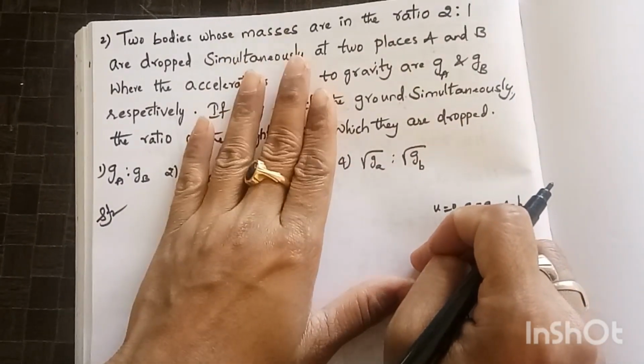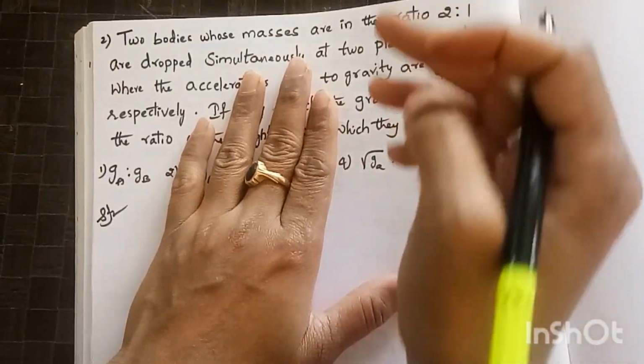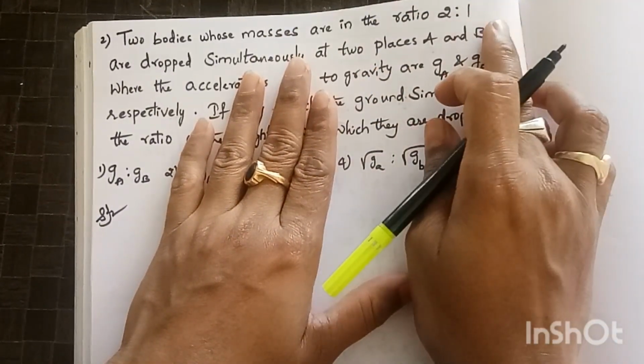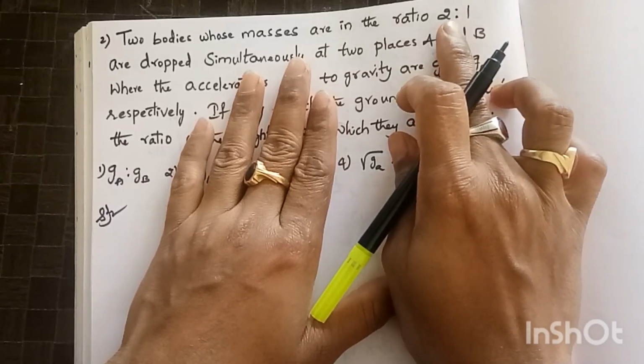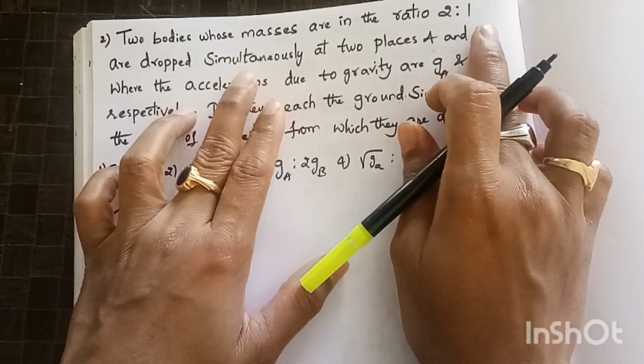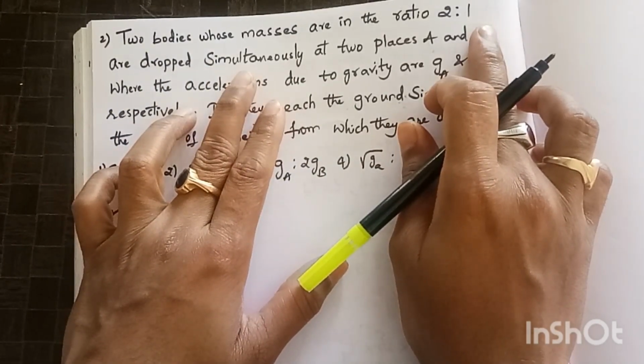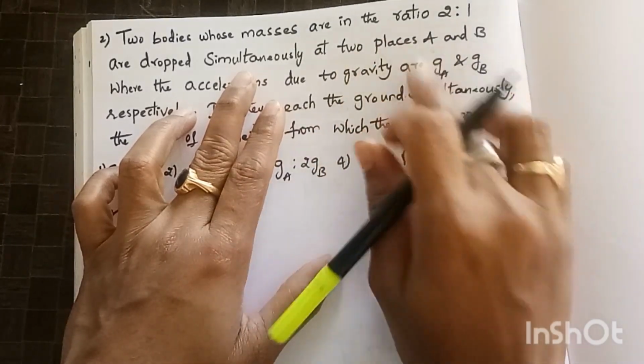So they have considered two bodies of masses 2:1. One body has a mass of 2 kg and the other 1 kg. Dropped simultaneously means they are dropped at the same time at two places.